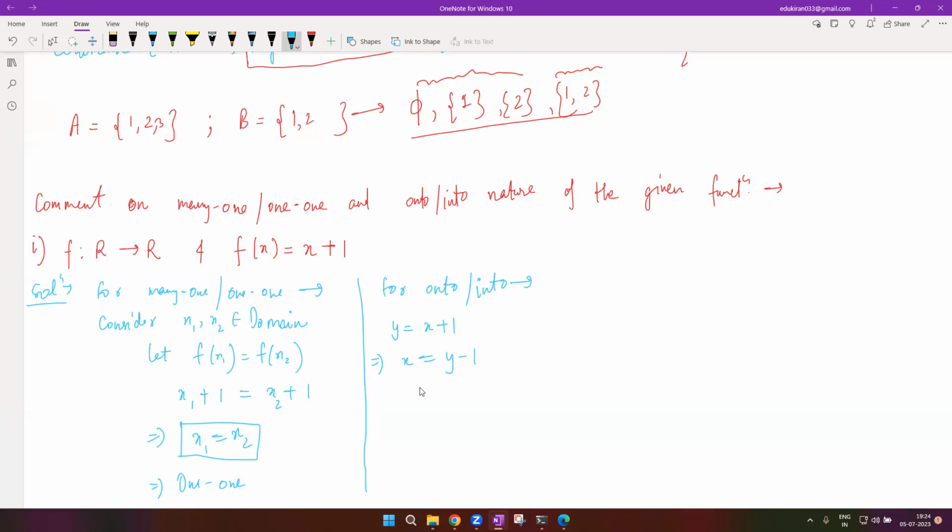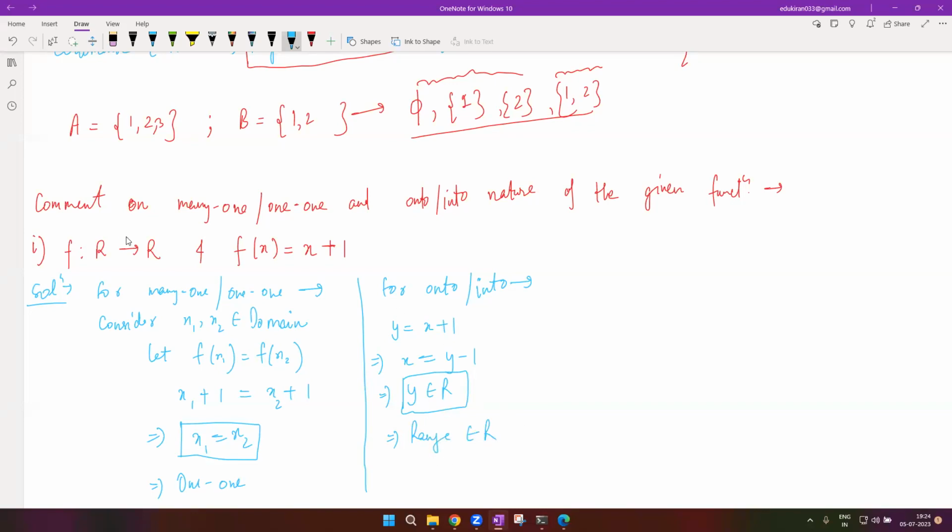First is square root, but there is no square root involved in this expression, so not a condition. Second condition is denominator. Denominator should not be equal to 0, but since there is no denominator, we don't have to apply any condition, which means that y can take any value. There is no restriction on y, right? If there is no restriction on y, it means that y can be any real number, which means that your range can be any real number.